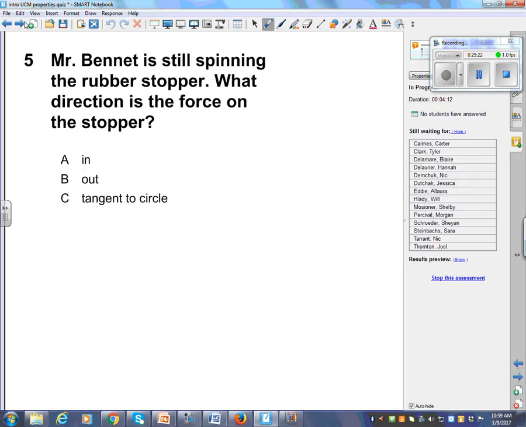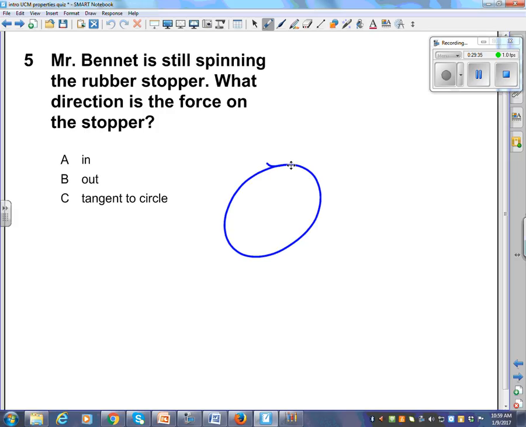What direction is the force on the stopper? In, out, or tangent to the circle? A, B, C, tangent to the circle.